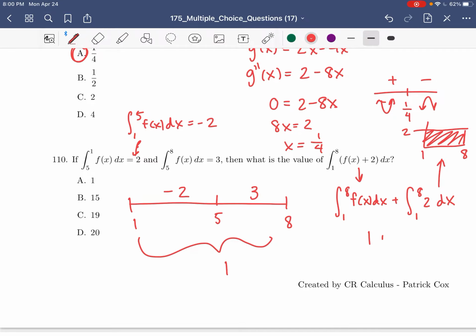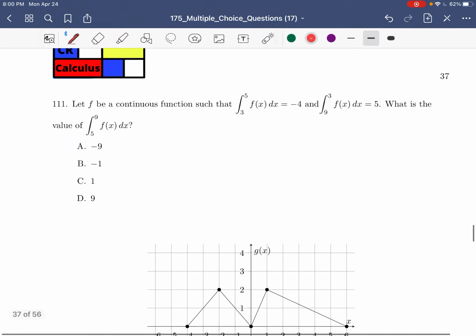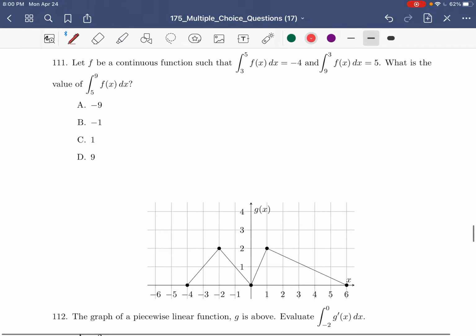And if you remember, these just make a rectangle. So from 1 to 8, it's going to be 7, times the height is 2, so I get 14. So that special rule, you multiply the change from 1 to 8, which is 7, times this number. That's what gives you this 14. Add 1, you get 15.